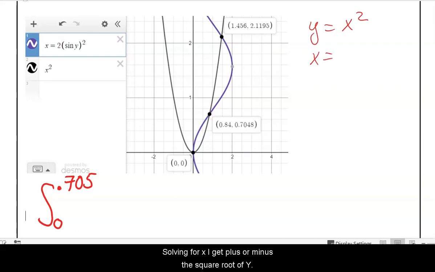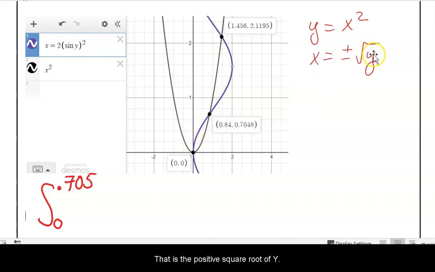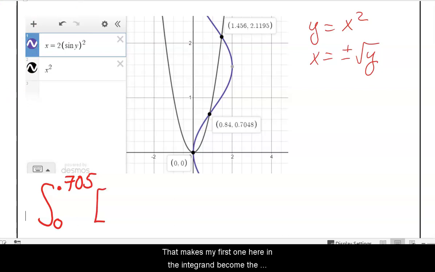Solving for x, I get plus or minus the square root of y. Looking at the parabola, you can see that this part here is the right half of the upward opening parabola. That is the positive square root of y. That makes my first one here in the integrand become the square root of y.